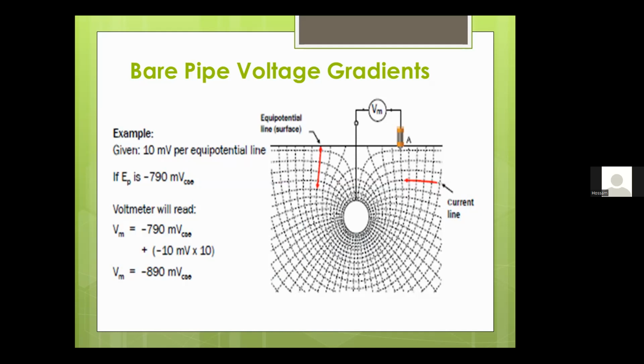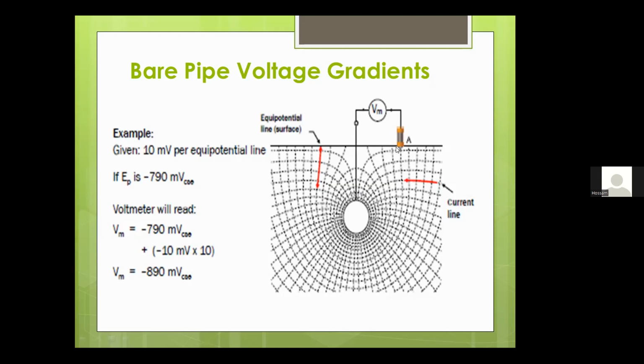If the polarized potential at the structure surface is negative 790 millivolts copper sulfate electrode here, and we measure the voltage and put the reference electrode at the surface here, the meter will not measure the true potential here.